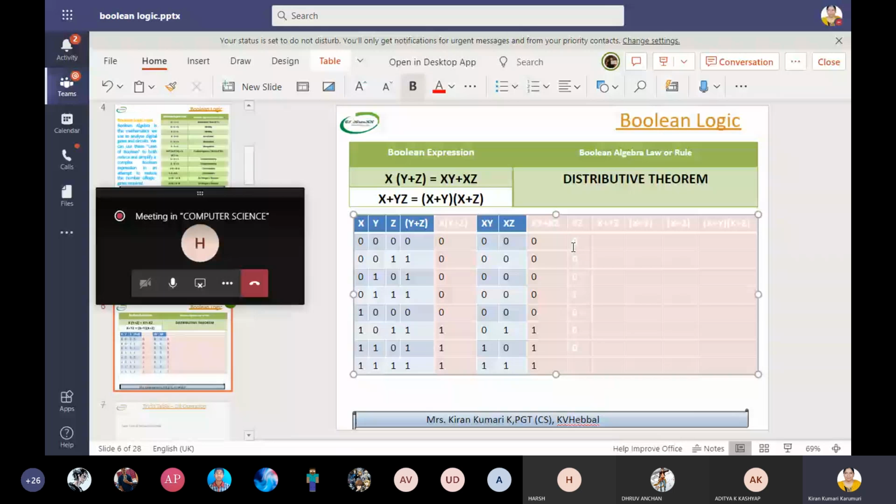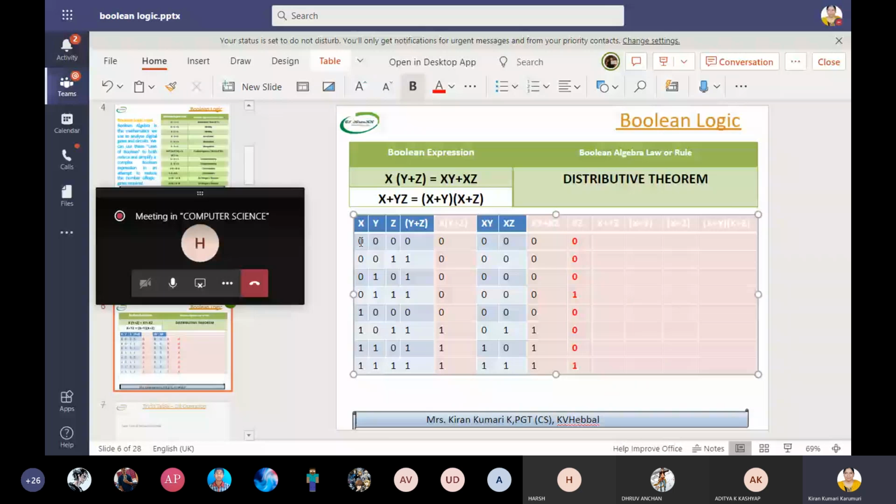Okay, now x plus yz. For x, look at the first column, and whatever was evaluated now, look at that much only. Okay children, now x plus yz. What is the x value? 0, and the yz value is 0.